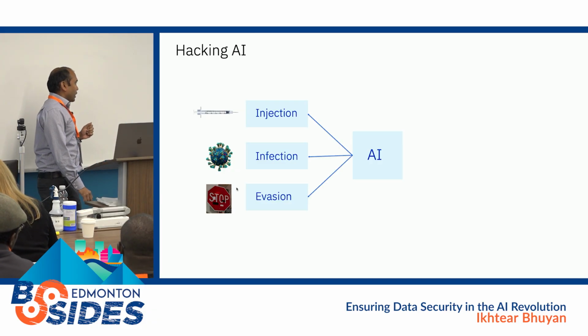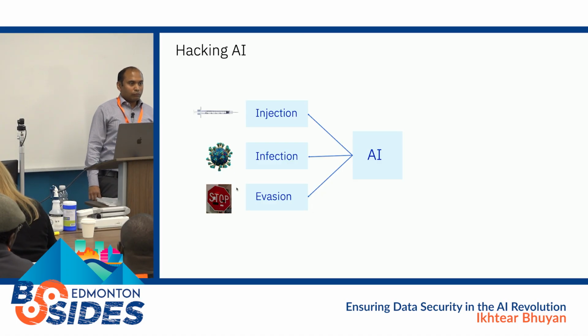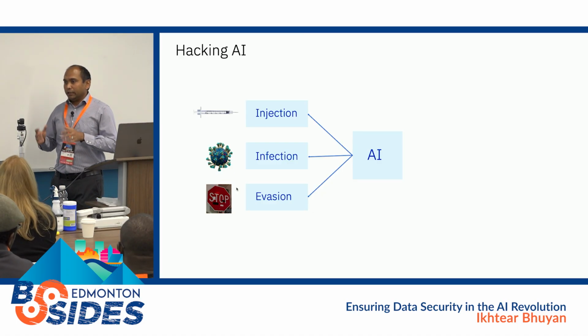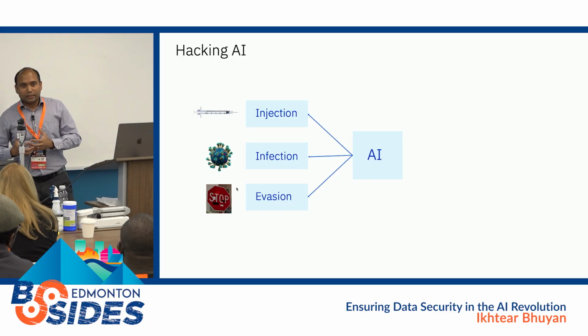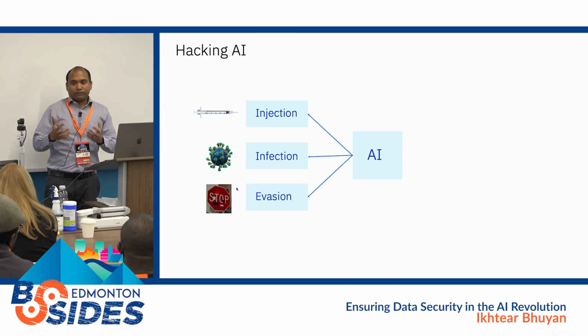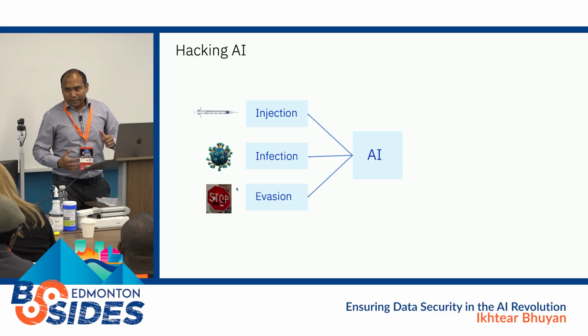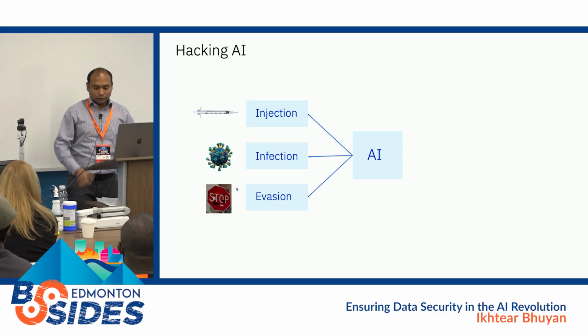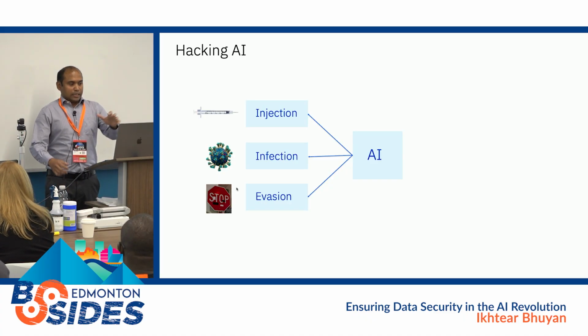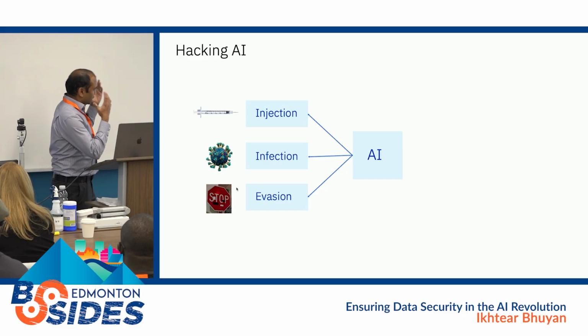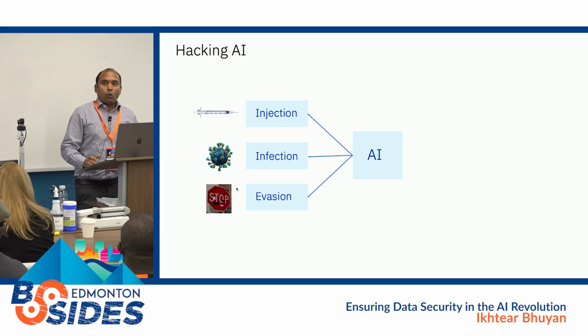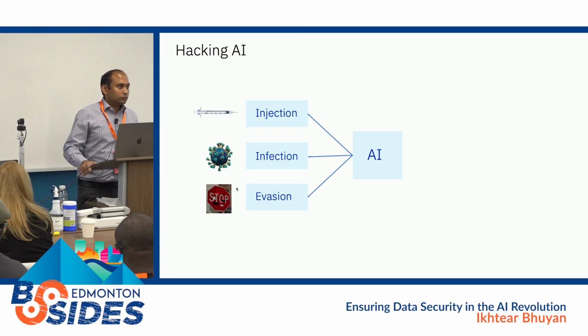Next one, I was talking about evasion. Think of a project that you're building, say, a predictive AI or generative AI project, for example a self-driving car. If I see a stop sign when I'm driving, I stop the car. In the self-driving car, the software says, okay, there's a stop sign, I stop. What if I put a sticker on that stop sign, say 60?